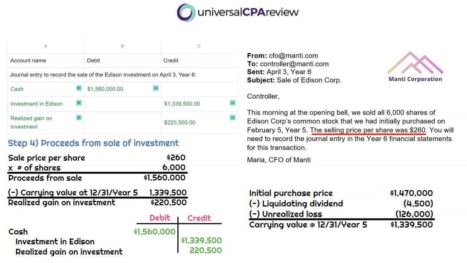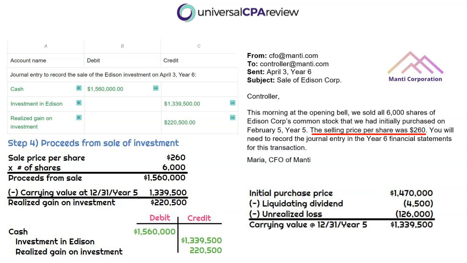And that's a credit to the investment in Edison account. And then in order for this journal entry to balance, we need to credit realized gain on investment of $220,500. So that means that our net income for year 6 will increase by $220,500.